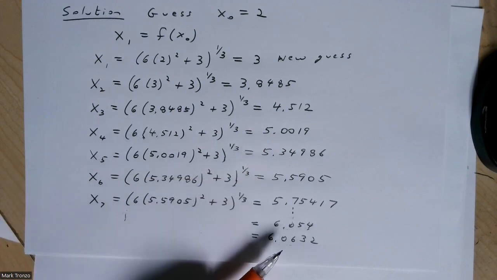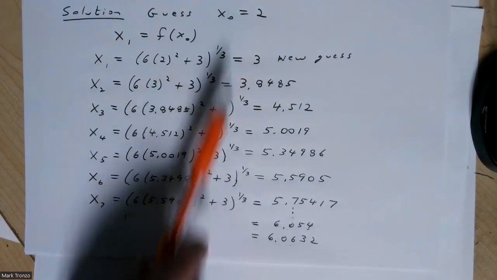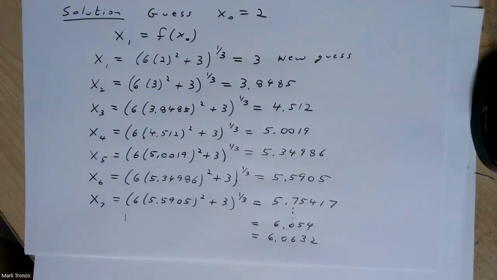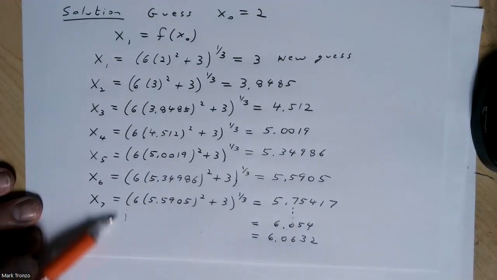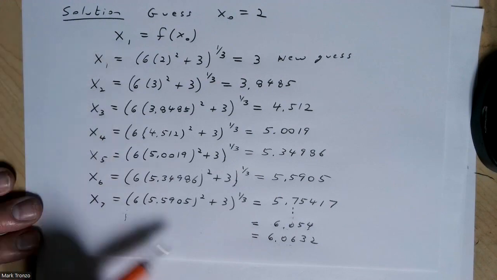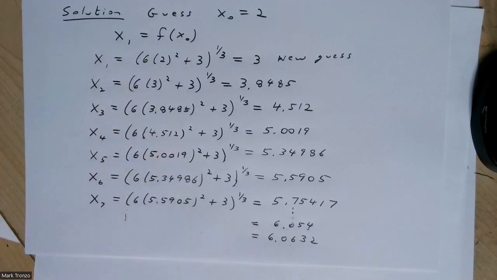Sometimes it may take a long time, or sometimes if your guess was way, way off, maybe it won't converge at all. But this is the way you do it iteratively. Now, obviously, this is best done on a computer doing just a simple algorithm to calculate a fixed point. That's how you would find a fixed point iteratively.